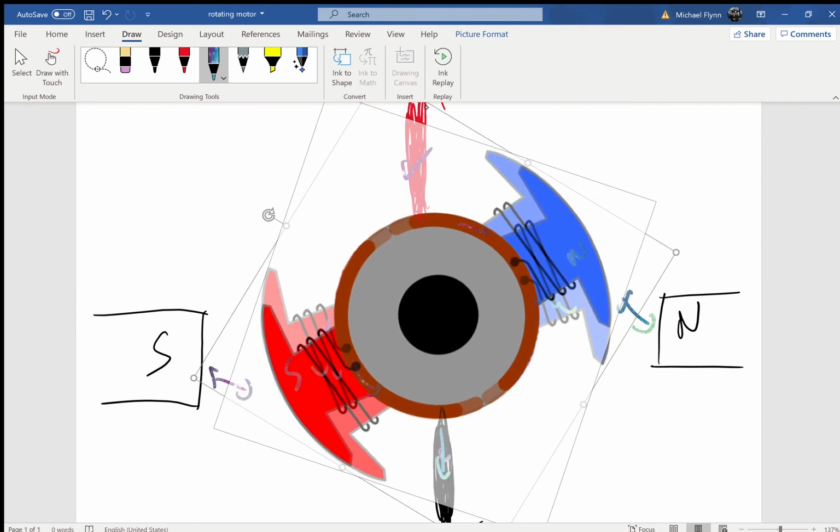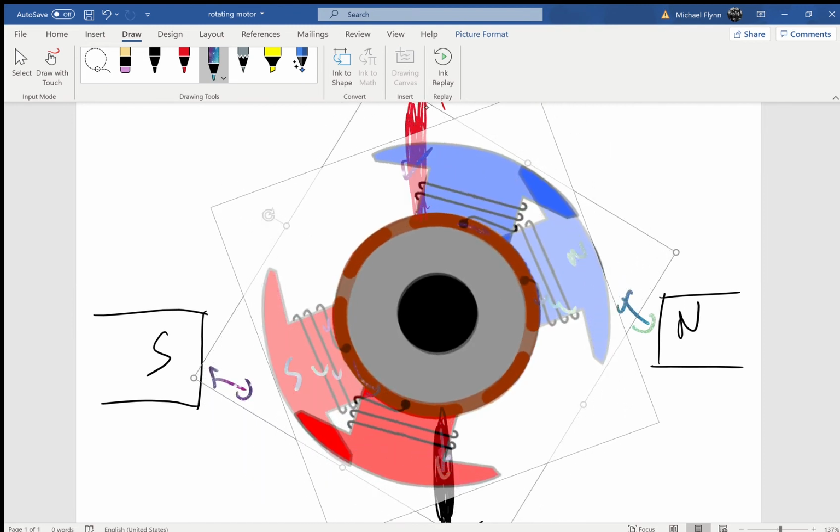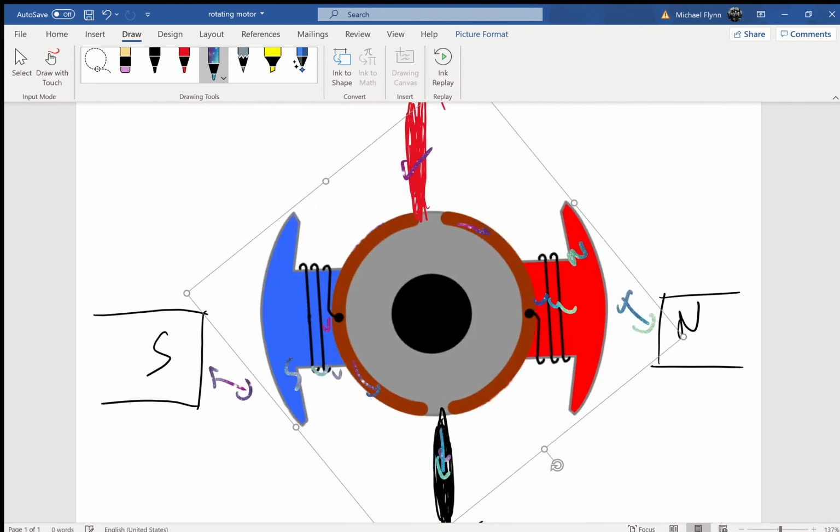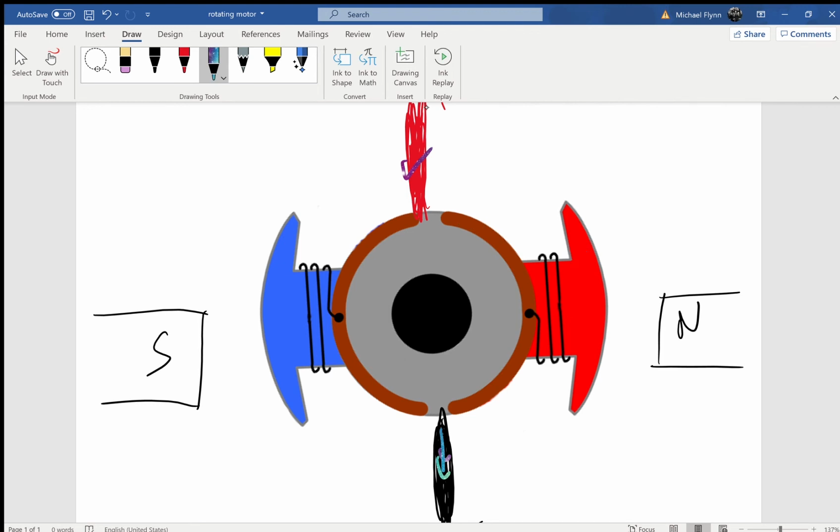So watch, this will rotate around. The blue one is a north, right? It'll rotate around, and then here, oh, I should have erased these things. So here, what's happening is the blue one is a north, but look what's happening to our brushes. It's about to switch.